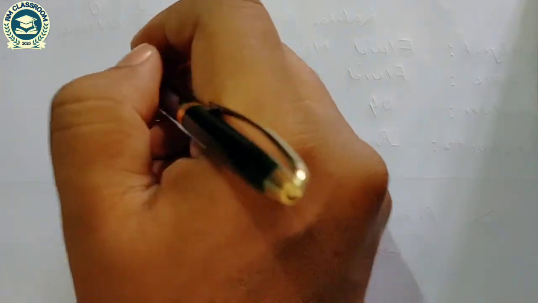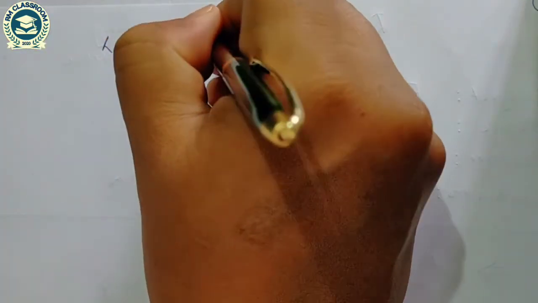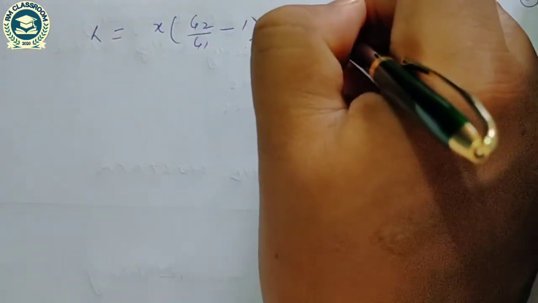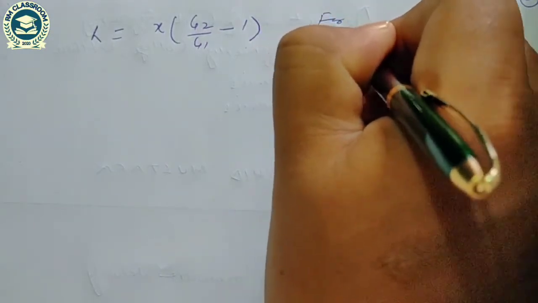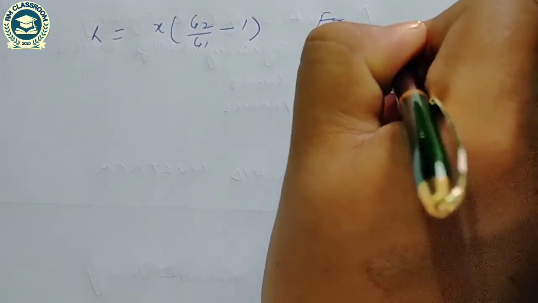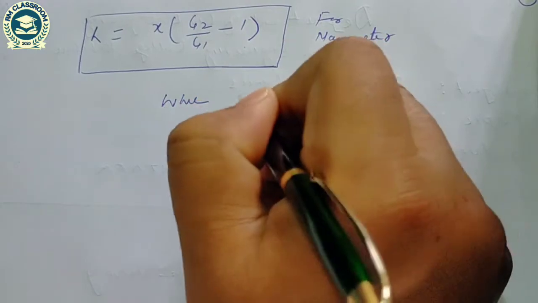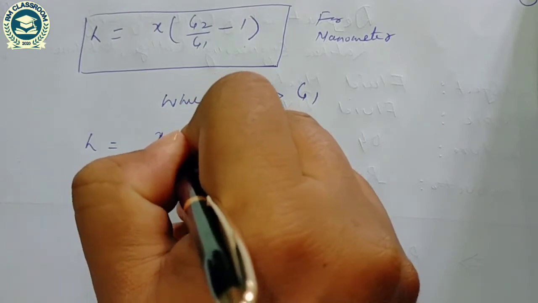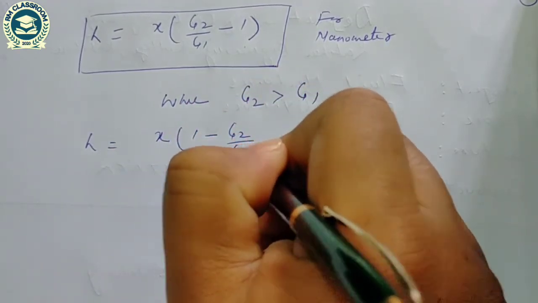Or this can be directly computed from the manometer reading x, as I told you in the last class. h is equal to x times (G2 by G1 minus 1) for the manometer, where G2 is greater than G1, or for an inverted manometer, x into (1 minus G2 by G1).